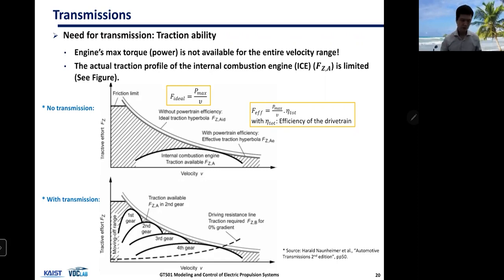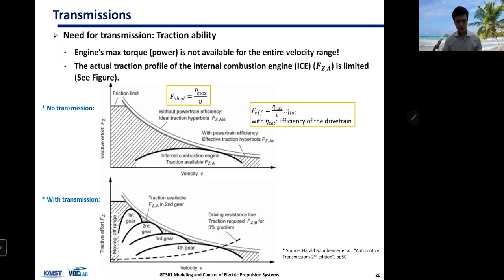So in order for your engine to cover all that speed range, you will need to use a lower gear ratio so that your speed coverage is covered.